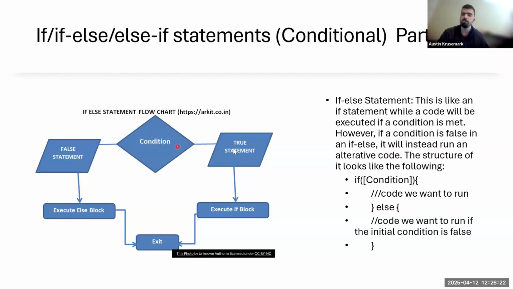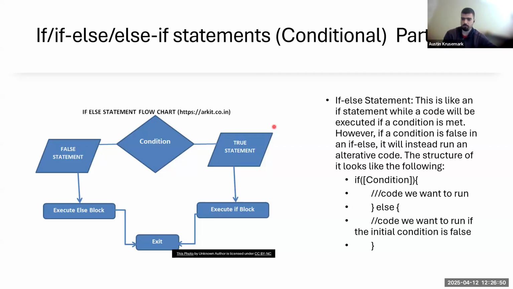If that condition is true, it will execute the if block, and it'll either end the program or just continue where the program left off. However, if the condition is false, it'll execute something different. So it's kind of like an A or B option, where the program will do different things depending on whether the condition is true.